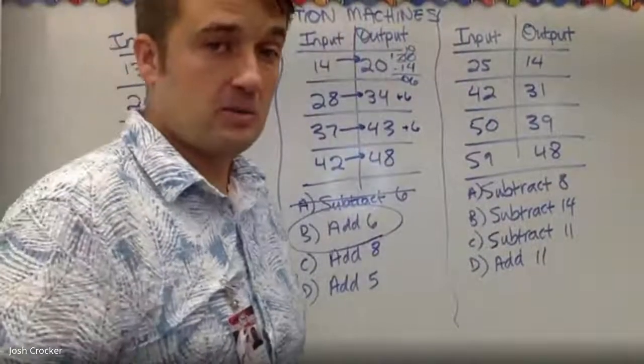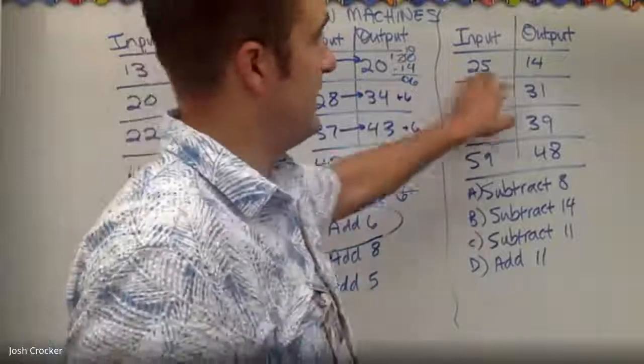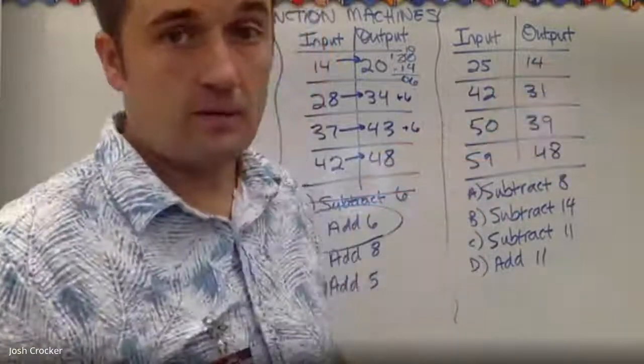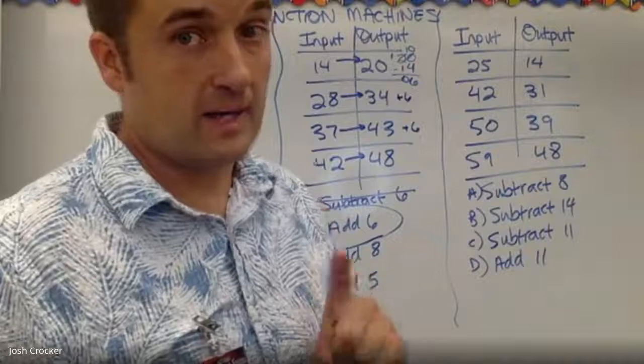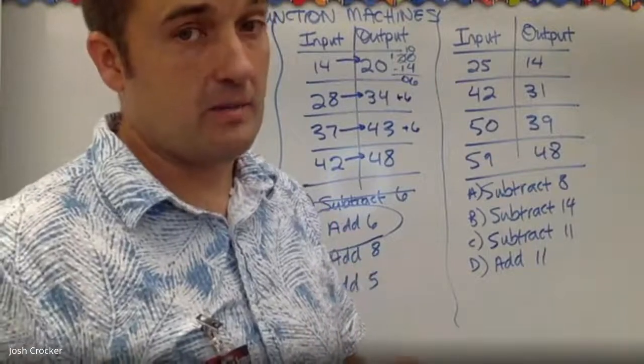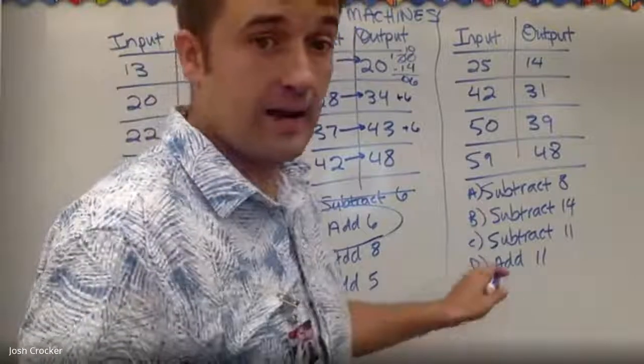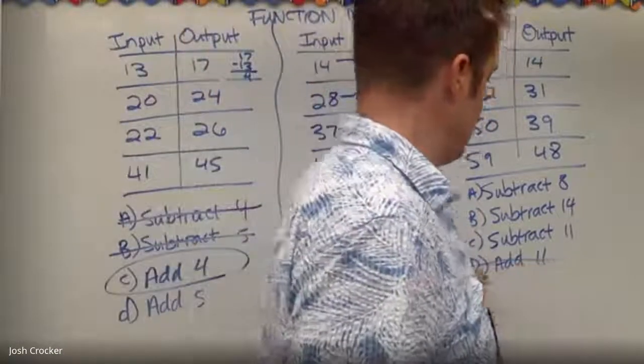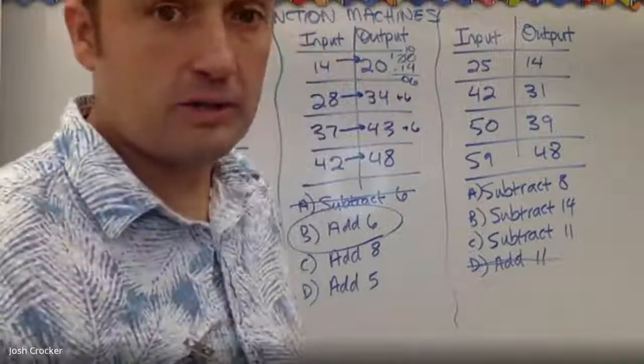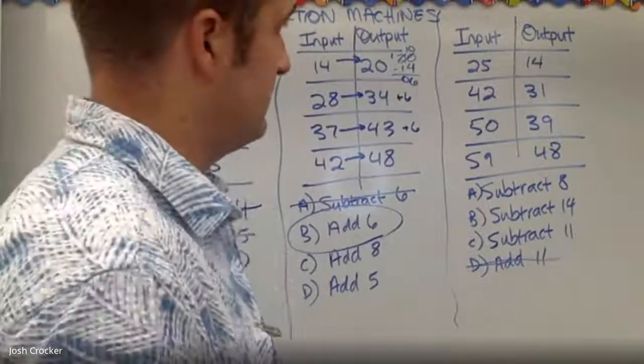My last function machine here, 25 to 14. Okay, it's not going up. It's going down. So I'm either subtracting or dividing. I'm not adding. Okay. How much am I subtracting?